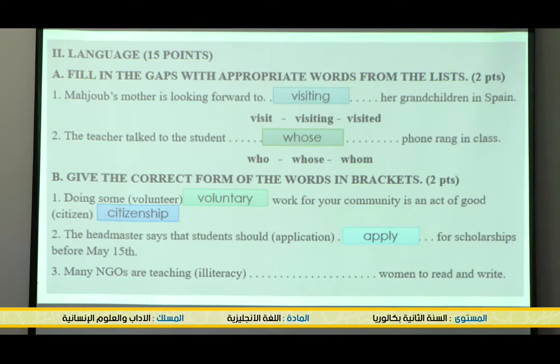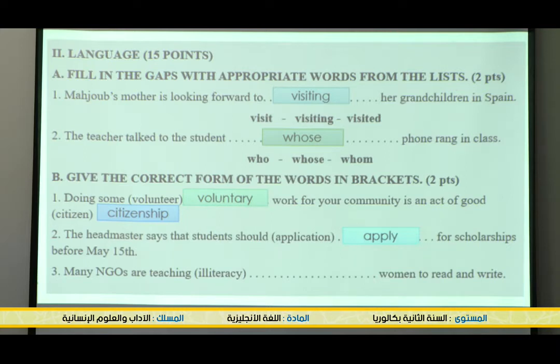And as you can see here, NGOs is an acronym which means non-governmental organizations. So these organizations are trying to help these women to read and write.